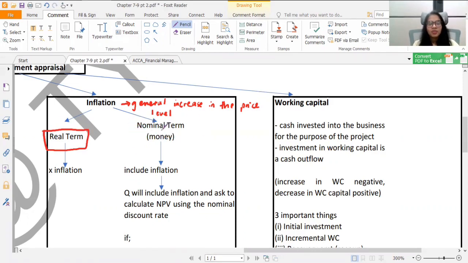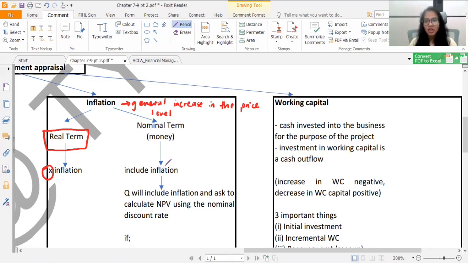Okay. So when the examiner wants to indicate that the cash flow does not have inflation, he will call it a real term. Okay, I repeat, when the examiner wants to indicate that there is no inflation, he will use the term real term. And when the examiner wants to indicate that there is inflation, he calls it the nominal or the money cash flows.